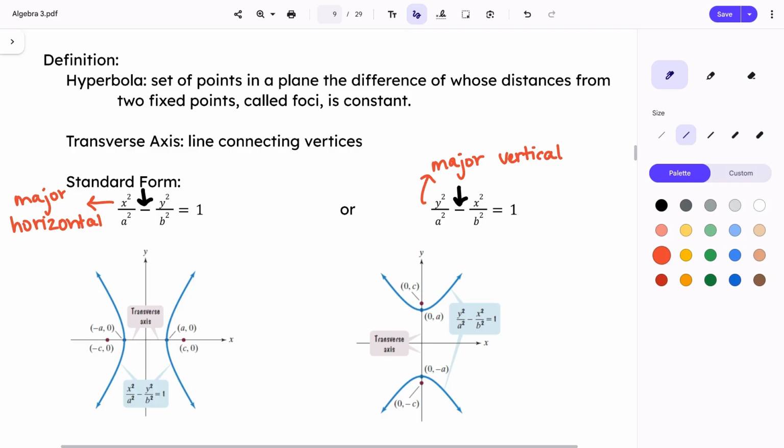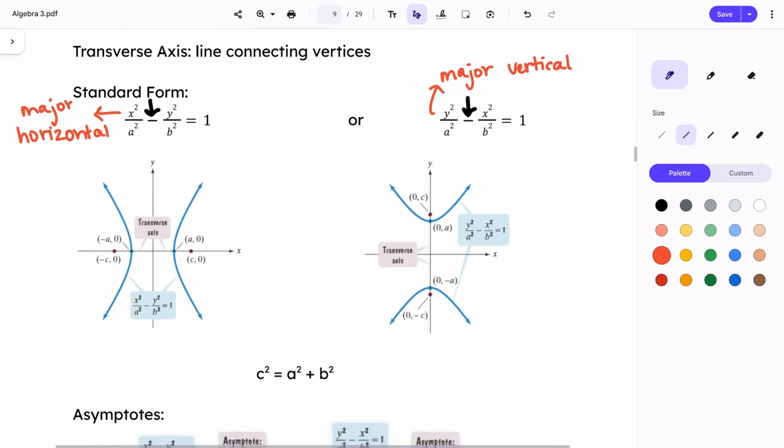If you look at the bottom numbers though, or in this case, they're just letters right now, the a squared always comes first and the b squared always comes second. So the a and the b will not be switching places anymore. Instead, the x will either come first or the y will come first, depending on if they want you to do a major vertical or a major horizontal.